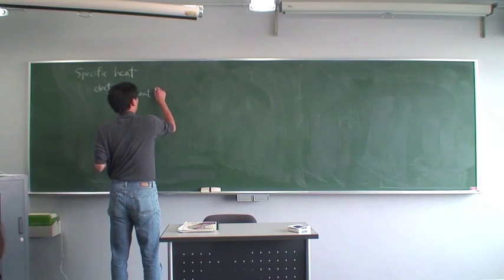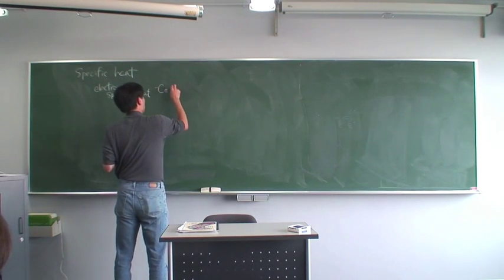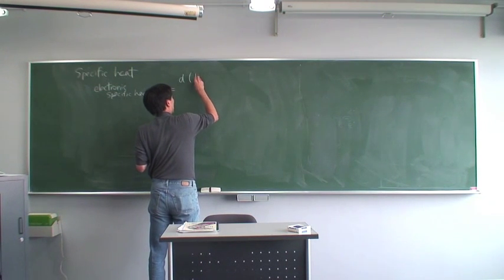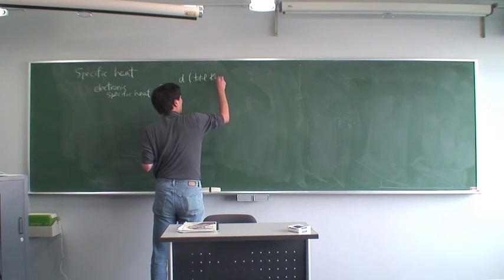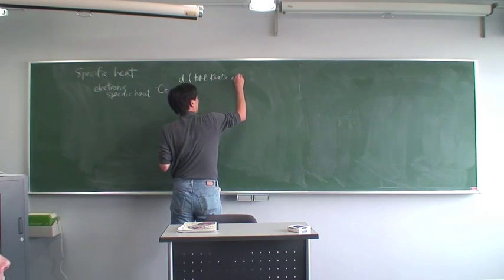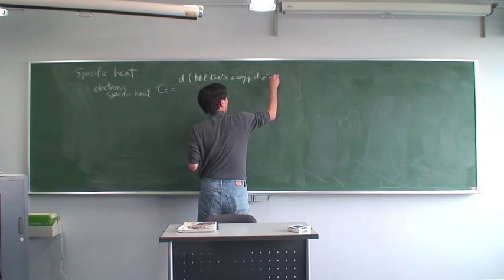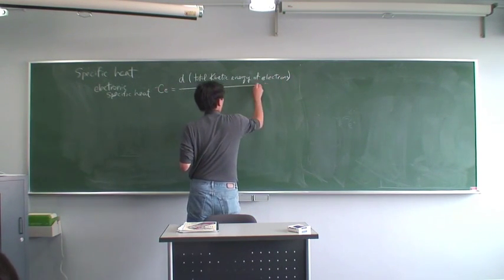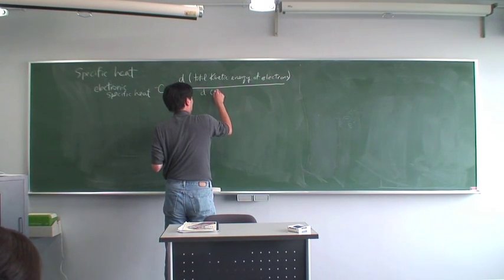So here, the electron specific heat is C sub E, and that is defined as the derivative of the total kinetic energy of electrons divided by, for example, temperature.